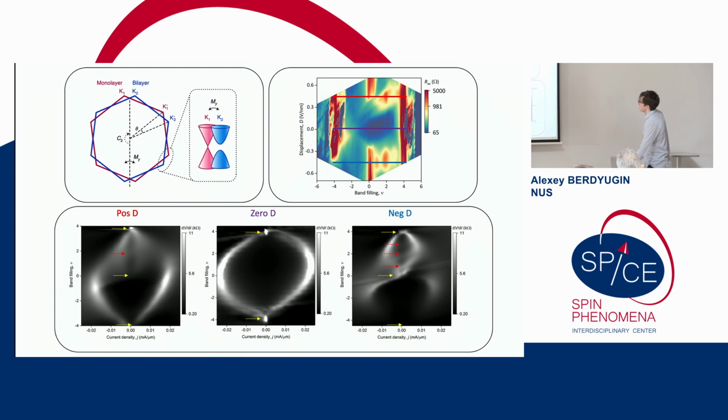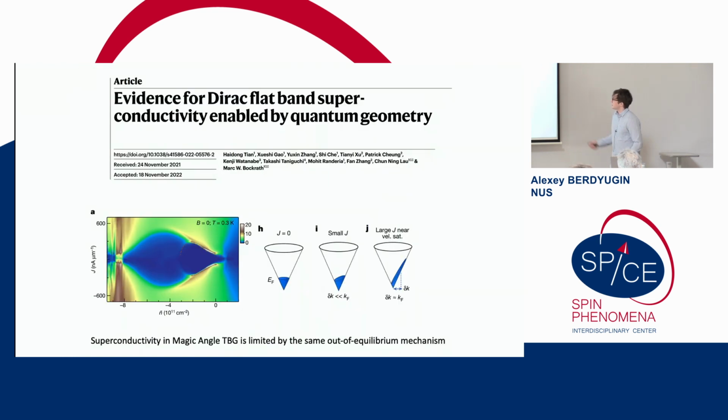Recently, other people, like from Jeanie Lau's group, utilized the same approach and the same estimations to study superconductivity in magic angle twisted bilayer graphene devices. They claim that the critical current in magic angle twisted bilayer graphene is also limited by the similar out-of-equilibrium physics which we described in our work.